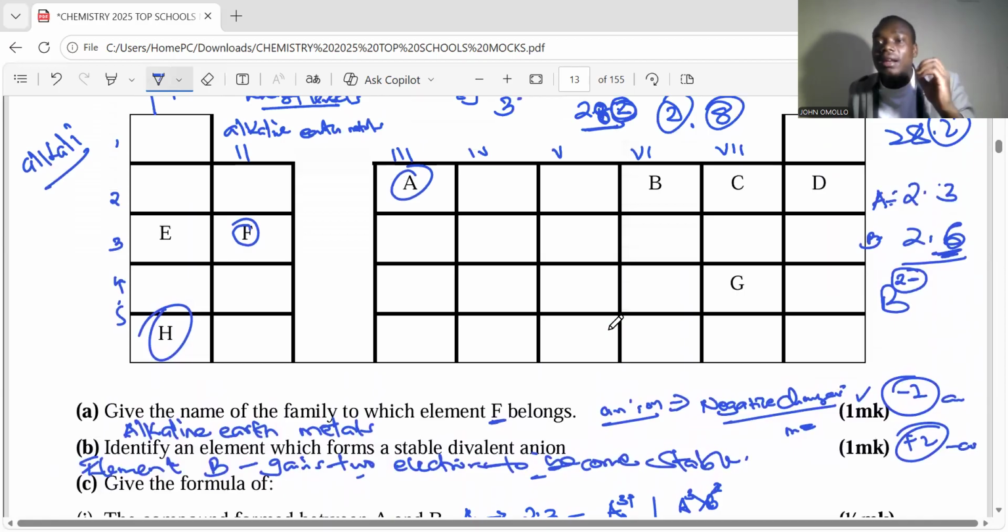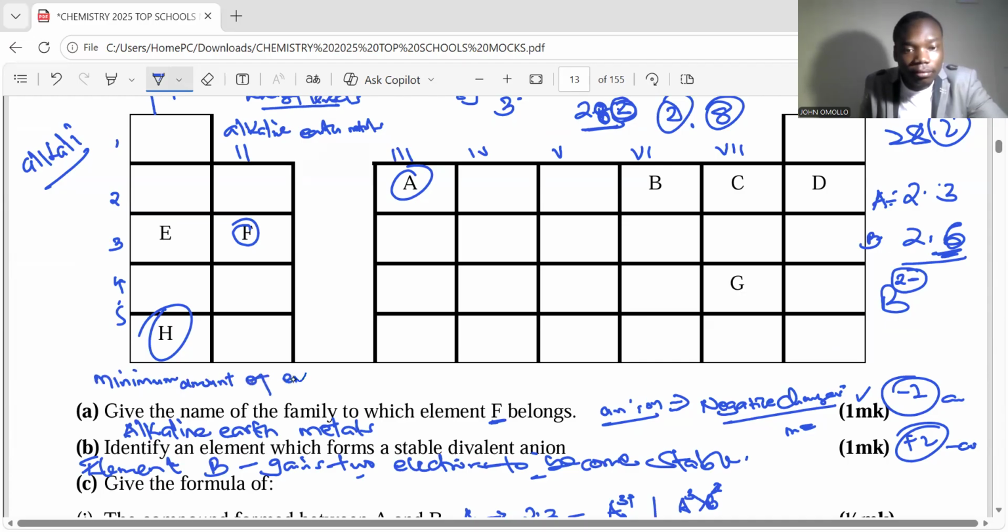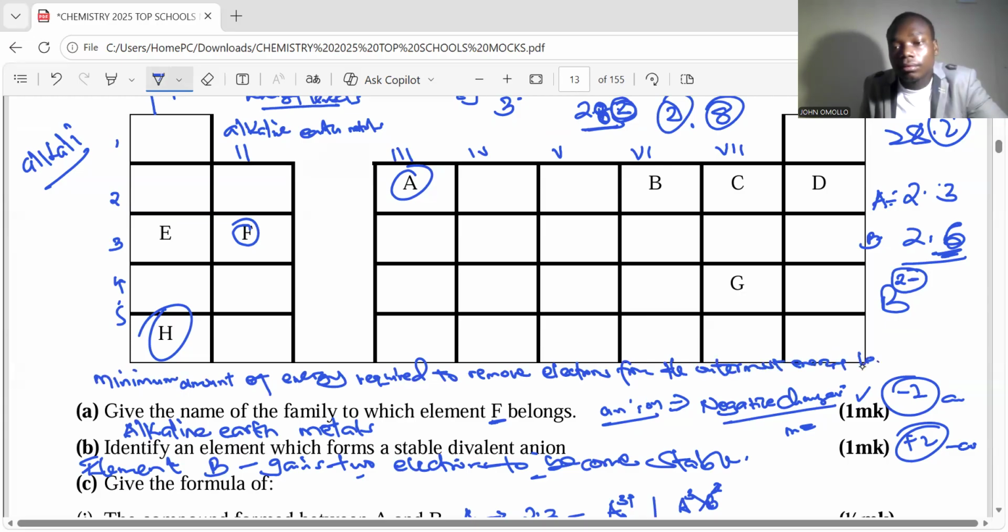Ionization energy is the minimum amount of energy required to remove electrons from the outermost energy level in its gaseous state.